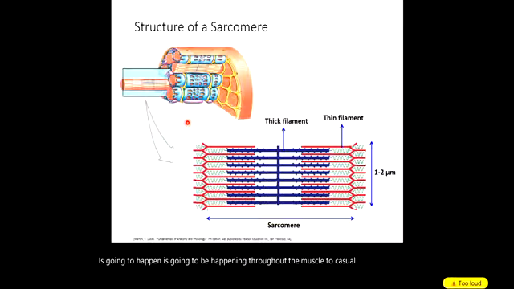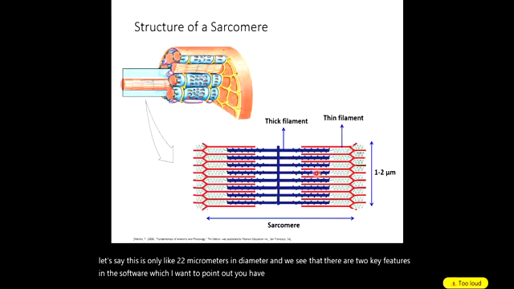Now notice that this sarcomere is only about 1 to 2 micrometers in diameter, and there are two key features in the sarcomere which I want to point out. You have the thick filaments shown here in purple. They look thick, and as the name indicates, you have these thin filaments shown here in red.